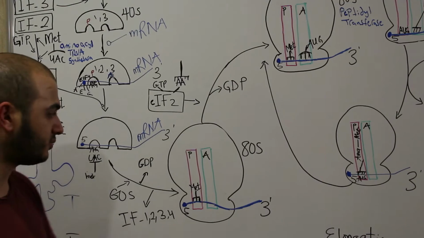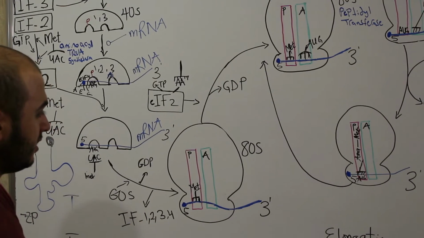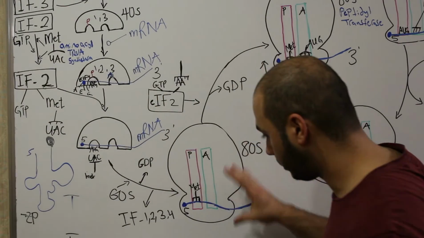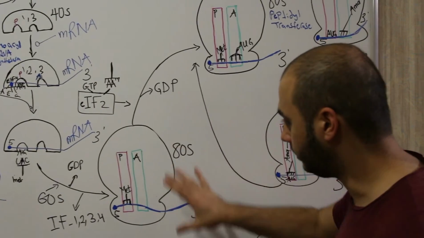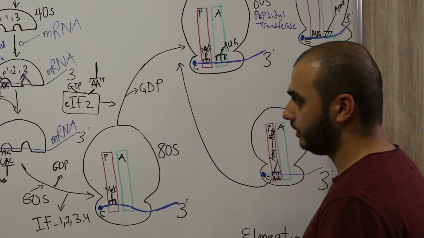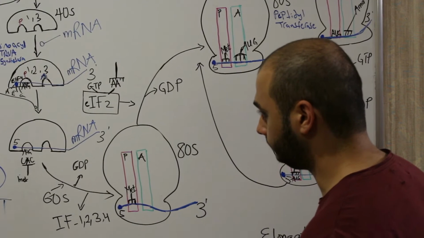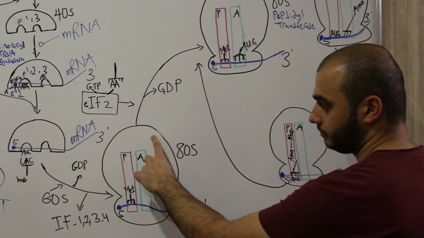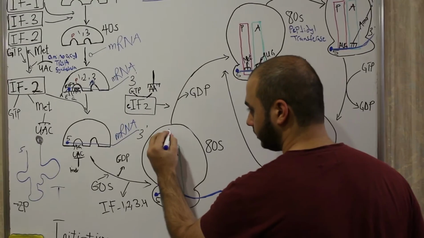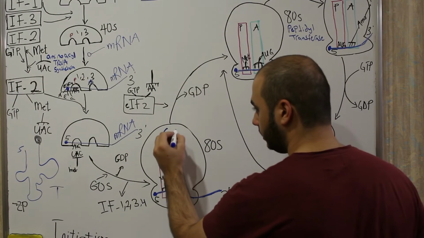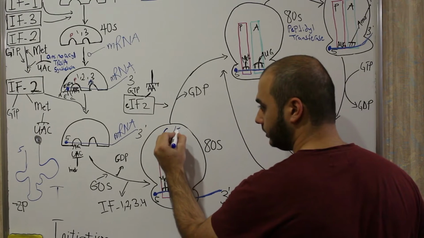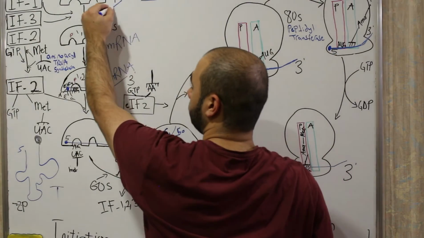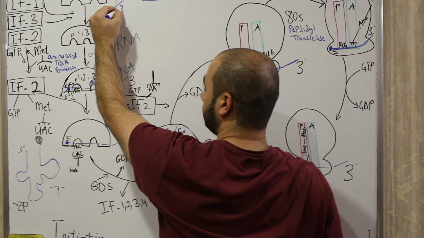Then, after release of the initiator factors, the small ribosomal unit will associate with the big ribosomal unit. If we are talking about eukaryotes, the big ribosomal unit is 60S; if we are talking about prokaryotes, it is 50S. Same here: for eukaryotes the small unit is 40S, but for prokaryotes it is 30S.